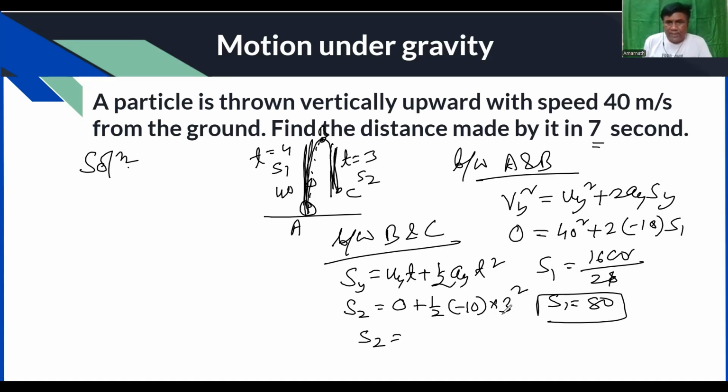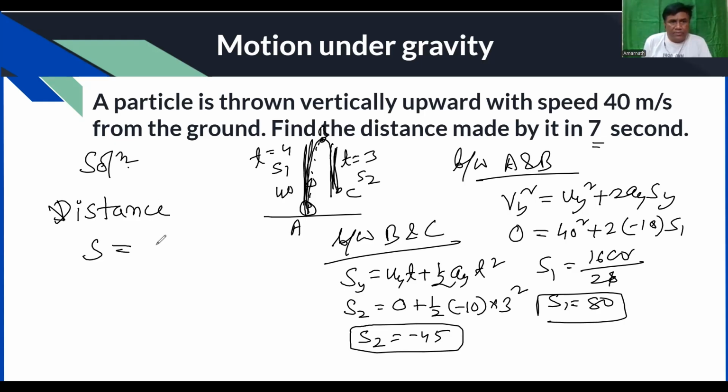So it will be equal to 45. So therefore distance S equal to, only magnitude we want, 80 plus 45, that is 125.